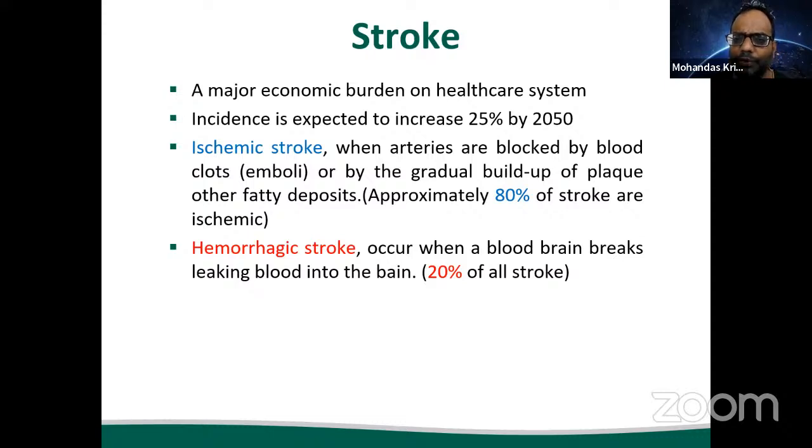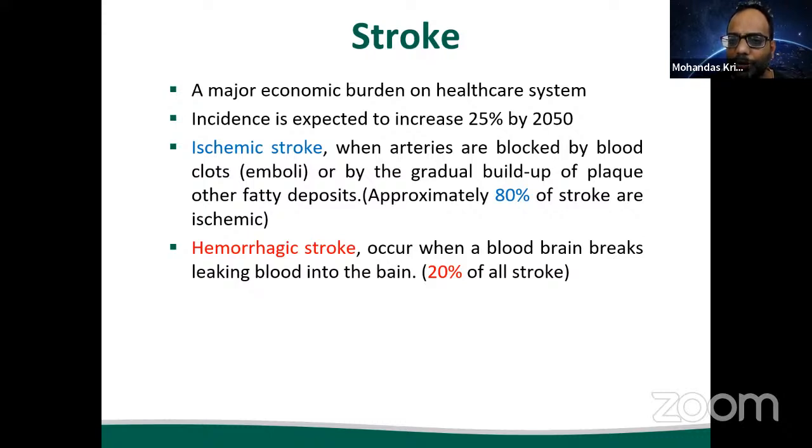So now we have classified stroke into two major categories. What are they? Ischemic stroke and hemorrhagic stroke. Right? The ischemic means the dislodged, it is called embolic. Emboli means what? The clots.